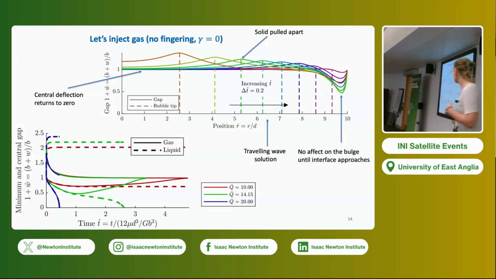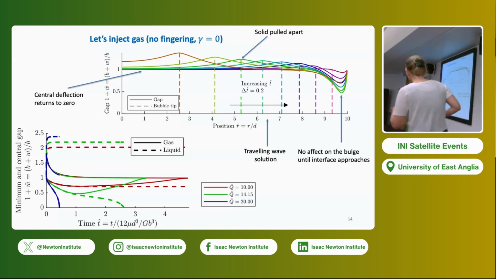Now, if we go to gas injection, these are the solid lines. The solid lines in the center increase and then decay towards 1, because again we relax in the center. But at the boundary, if we manage to choke long before the interface has reached the boundary, then basically the lines follow exactly the same predictions as in the liquid case.